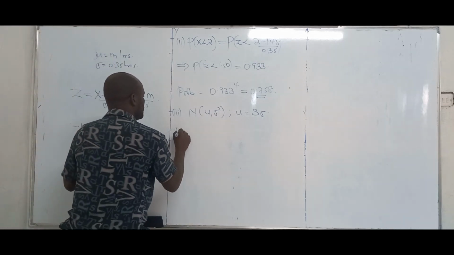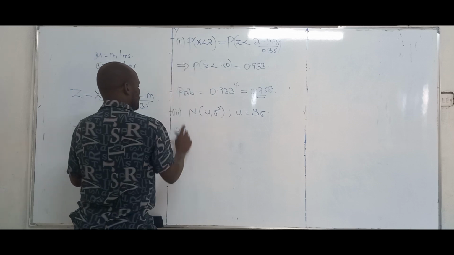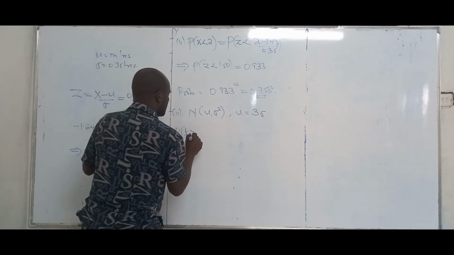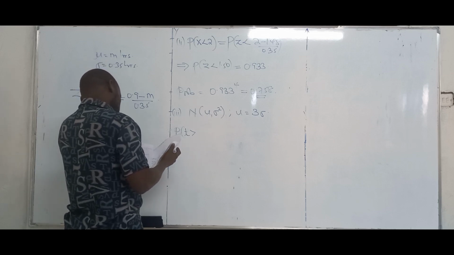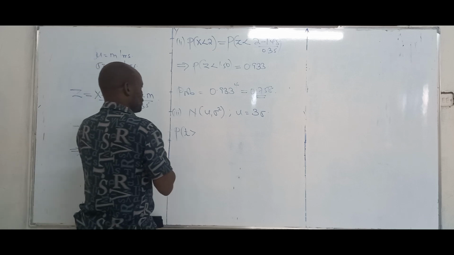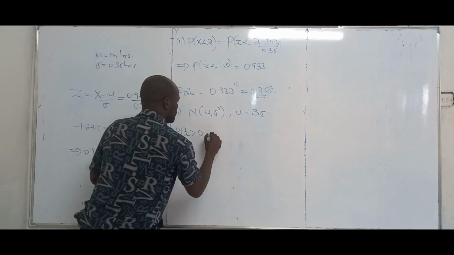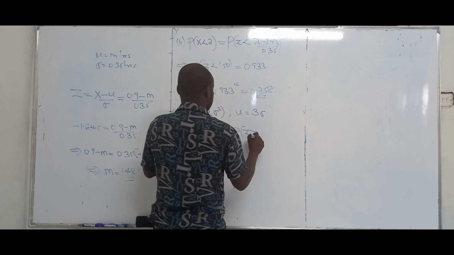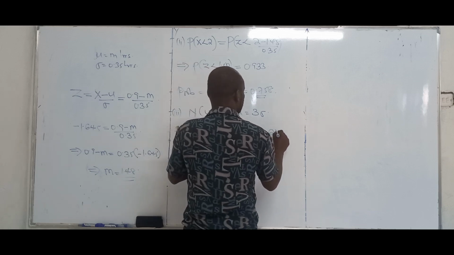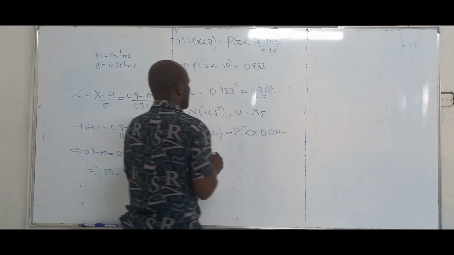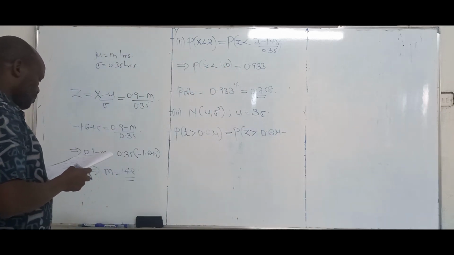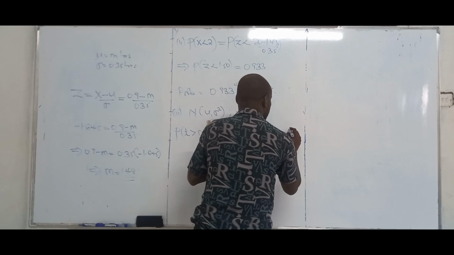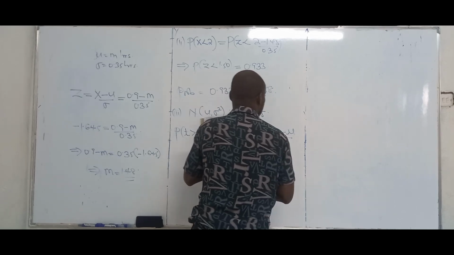So we call that time T to make a difference, rather than X. The probability that T is greater than 0.6U will be given by the probability that Z is greater than 0.6U minus our mean, where we just write it as U because it's the mean, over the standard deviation.